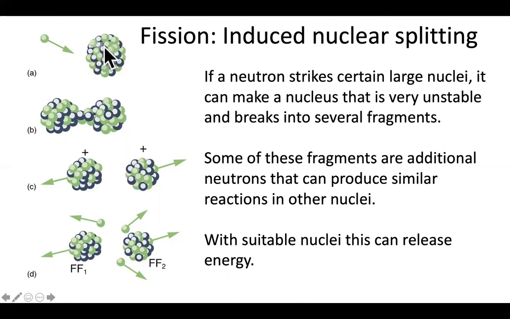Basically, this is an unstable nucleus, and adding an extra neutron to it makes it so unstable it immediately falls apart, breaking into at least 2 pieces. And often when this happens, it doesn't just break into 2 pieces, it breaks into multiple pieces, including more neutrons.